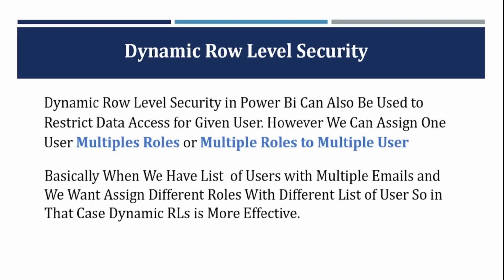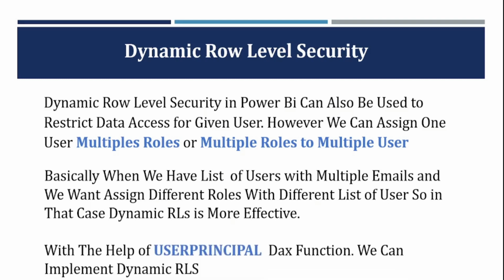To apply dynamic RLS, we need the help of one DAX function, which is USERPRINCIPALNAME. With the help of the USERPRINCIPALNAME DAX function, we can implement dynamic RLS. Now let's move to Power BI Desktop to see how we can implement it.